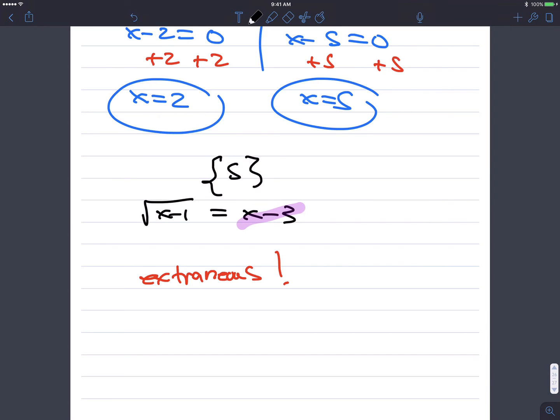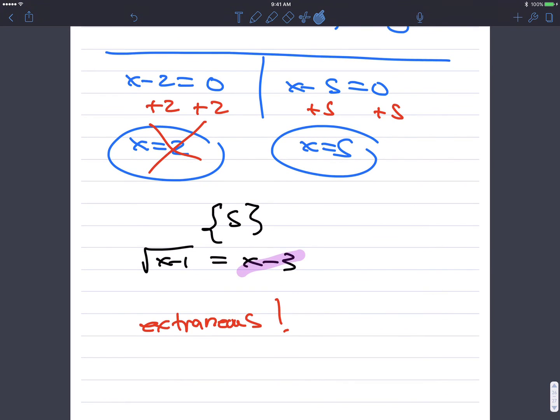You have a single solution, which is going to be the 5. So get rid of this 2. It's kind of simple to find: if that radical equals a negative, then you have a problem. The radical has to be positive. And so this is the work you'll do, and that one's number 41.